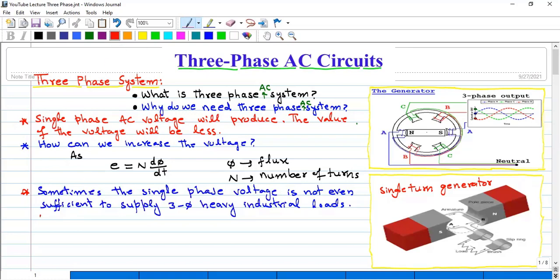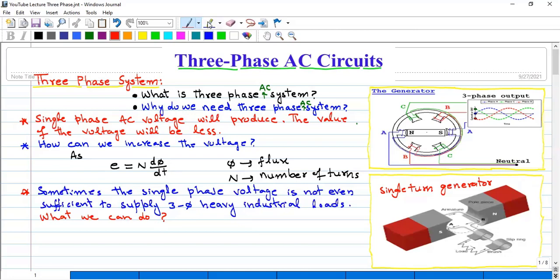So now the question is what we can do at that time. If the voltages of single phase are not sufficient to supply the three-phase heavy industrial loads, what can we do?